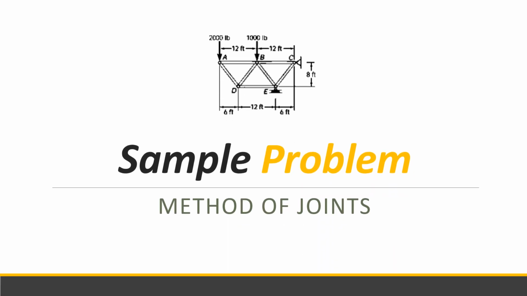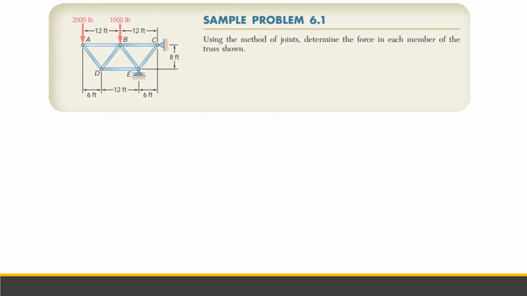Let's have a sample problem using the method of joints. Sample problem 6.1. In this truss we have two applied forces: 2,000 pounds at A and 1,000 pounds at B. Remember, loads on trusses are applied only at the joints, not on the members, because members are weak against lateral loads.